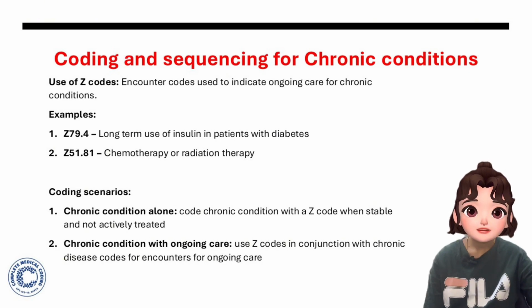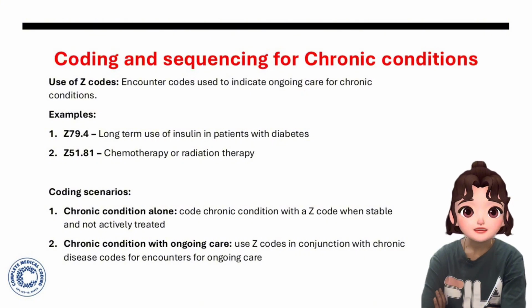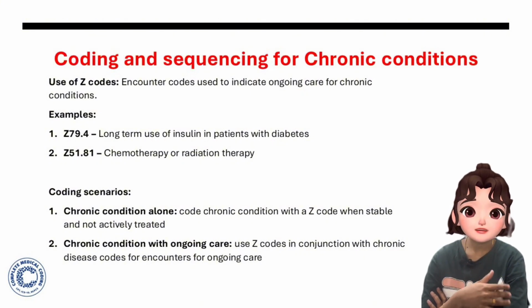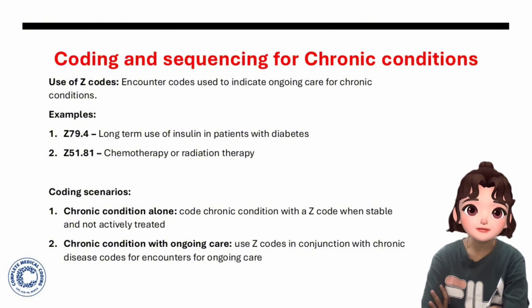Z51.81, chemotherapy or radiation therapy. So, Z codes are the encounter codes used for the ongoing, continuing treatment for chronic conditions. In such cases, you have to code a Z code. Like in these examples, chemotherapy, radiation therapy, long-term use of insulin, all these are Z codes.